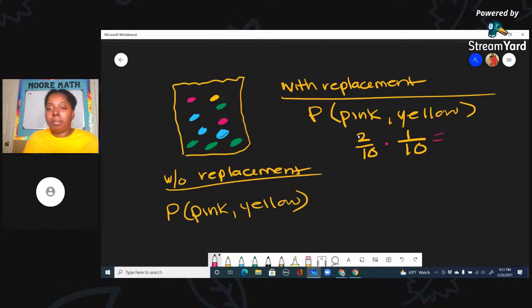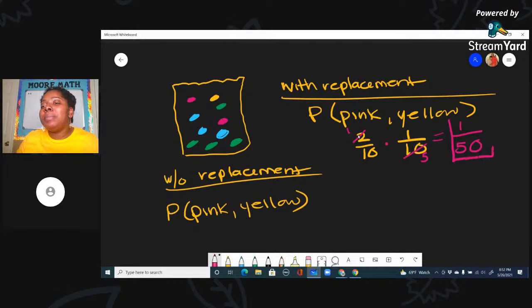You'll reduce the 2 and the 10. Good. So 2 divided by 2 is 1, and 10 divided by 2 is 5. Excellent. And you'll do 1 times 1 is 1, and 10 times 5 is 50. Woohoo! Awesome. Good job. Okay, so that was with replacement.